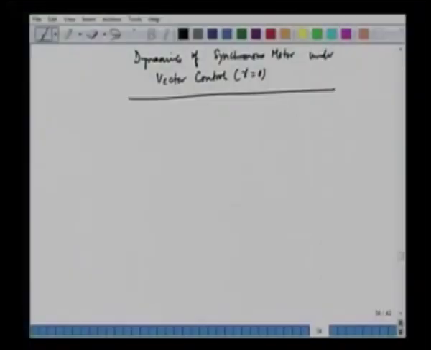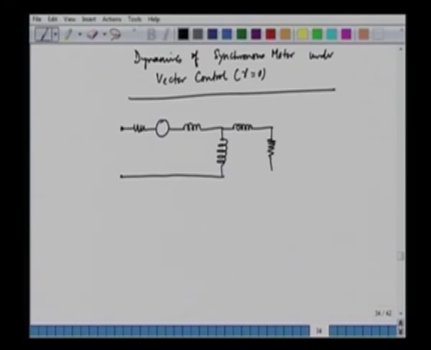So, in the D axis we have the resistance, the back EMF, the leakage inductance of the stator, the magnetizing inductance of the stator, then the leakage and the resistance of the damper winding, and then the leakage and the resistance of the field winding, and then the voltage of the field winding. So, this is VDS.